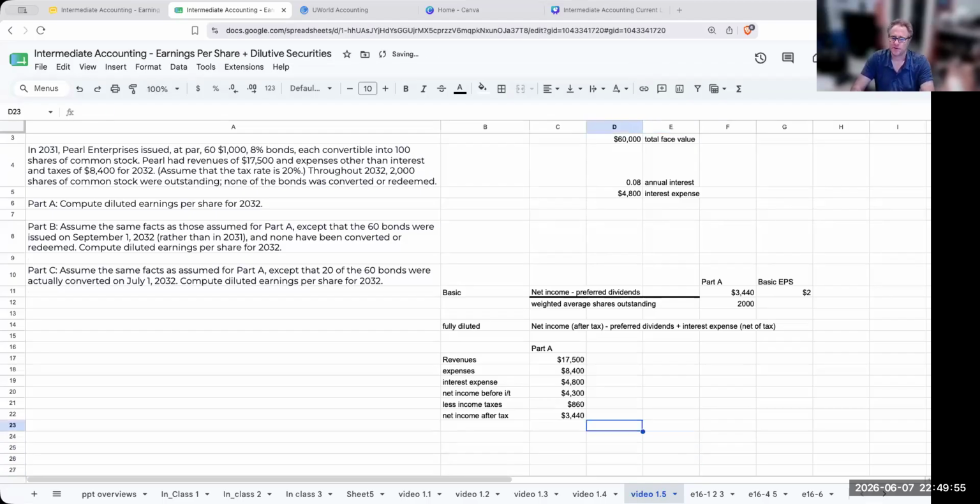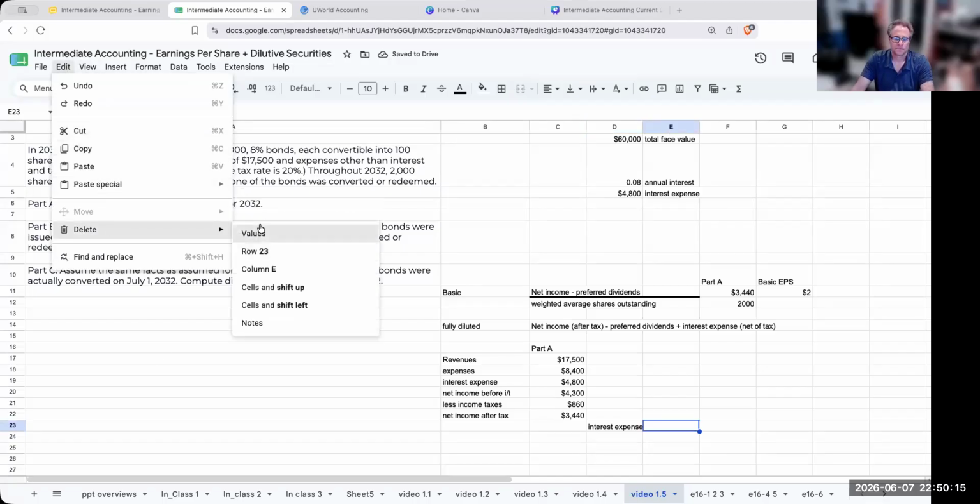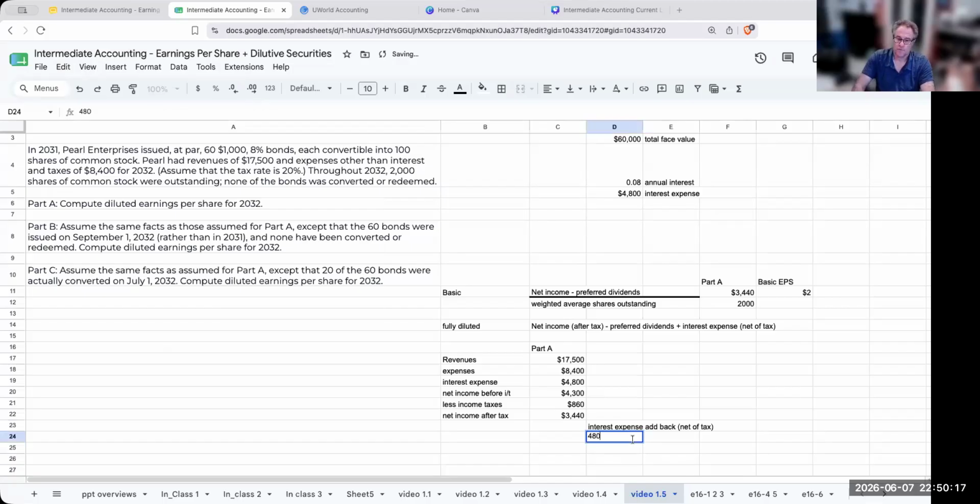Or another way we can do this is to say, okay, my interest expense add back net of tax is really going to be 4,800 times 0.8, or 1 minus 0.2.